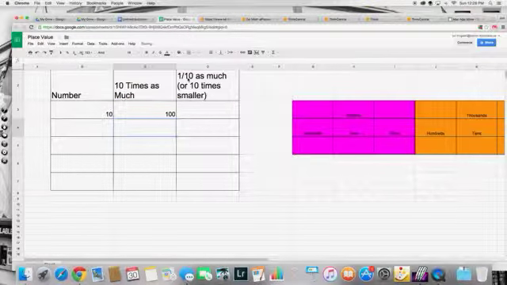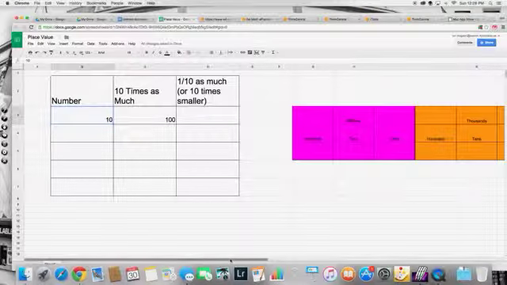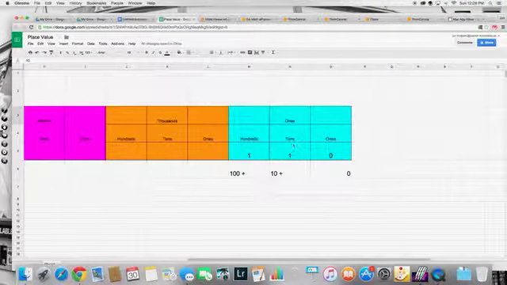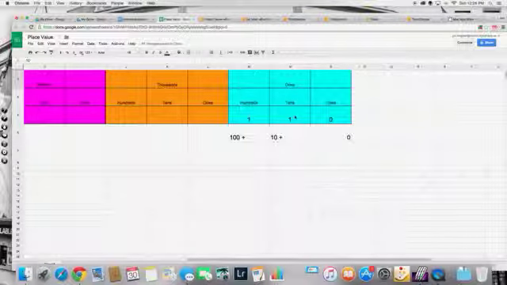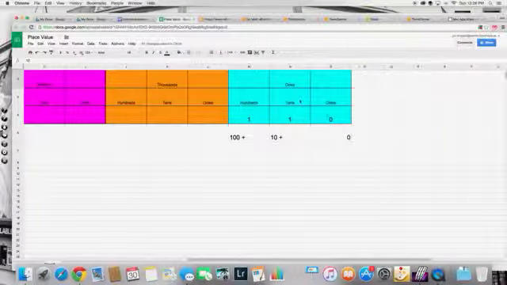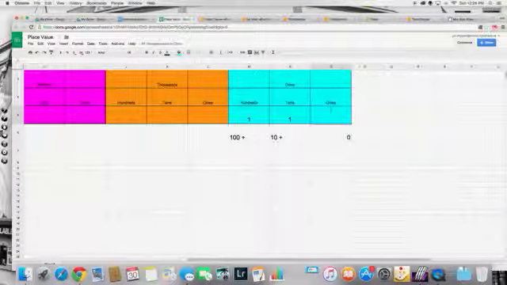Okay, 1/10 as much or 10 times smaller, and we're going back to this 10. What is a tenth of a 10? Well, we're getting smaller, so each one of these is groupings. A tenth smaller than this 10, it wouldn't be 0, so it's going to be a 1.